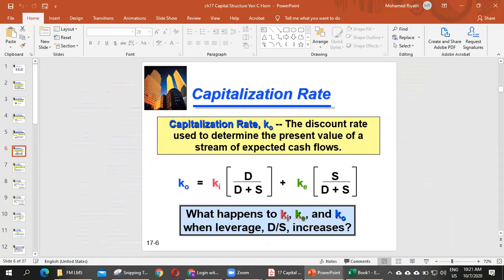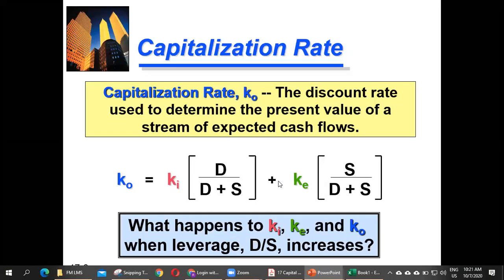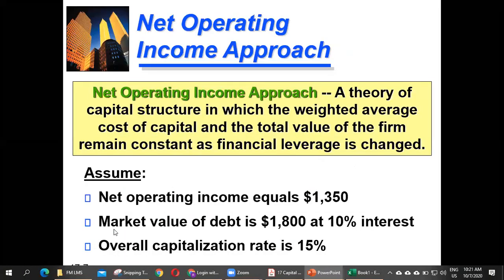So the question is, what happened to KD, KE, and KO? The net operating income approach is a theory of capital structure in which the weighted average cost of capital and total value of the firm remain constant as financial leverage is changed.